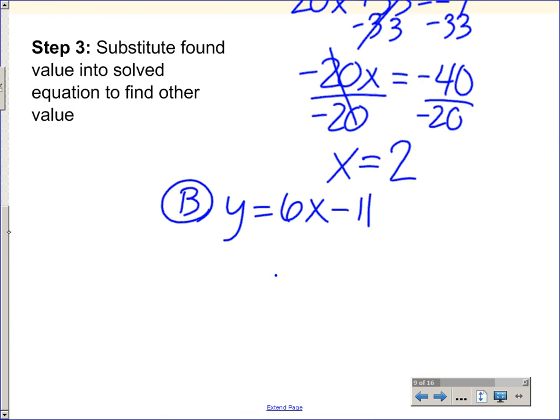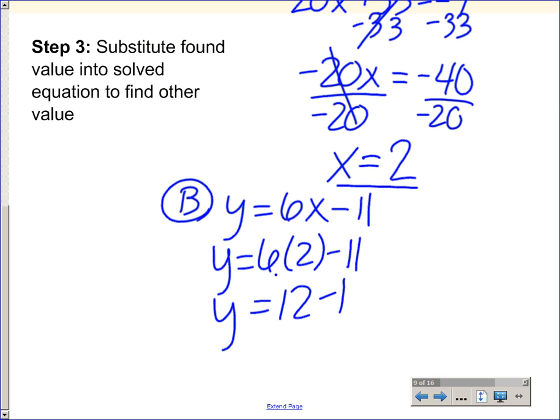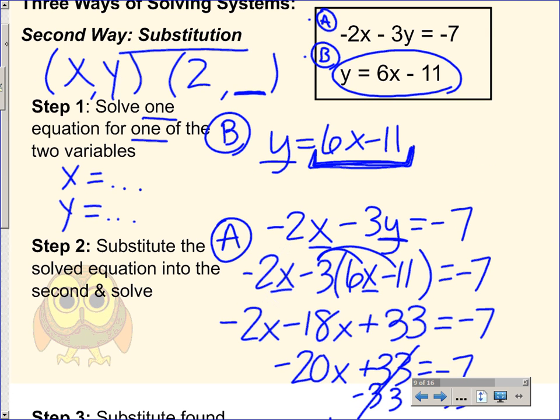I'm going to substitute in the value that I found, which was 2 for x. So I have y equals 6 times 2 minus 11. 6 times 2 is 12. 12 minus 11 is 1. So when x is 2, y is 1, which means my answer and my ordered pair is going to be 2, 1.